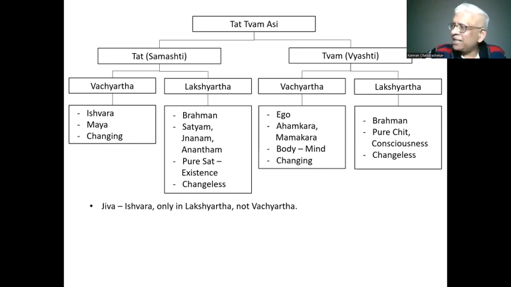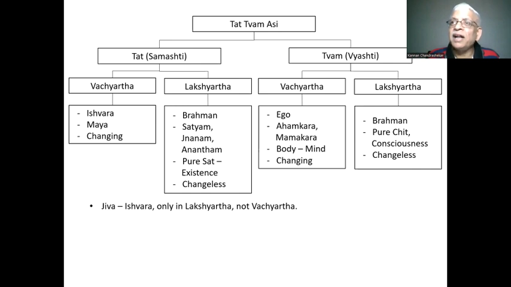But this is a changing thing. Today I own this, tomorrow I lose this, again the day after tomorrow I may have something else. So the ego, I, keeps on changing, but this is the Vachyartha. What is the Lakshyartha which the Veda or the Bhagavad Gita teaches me?